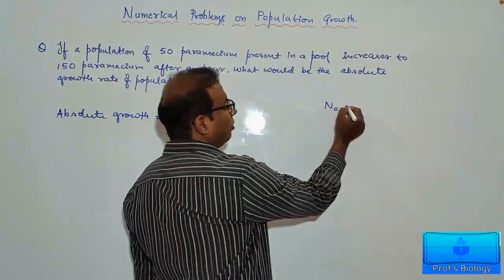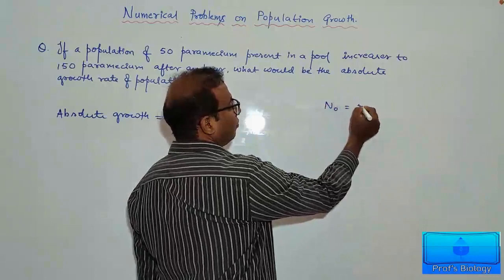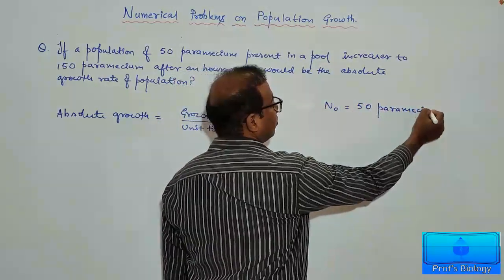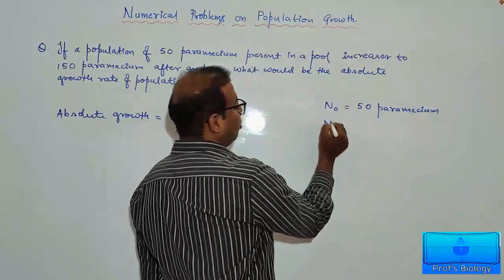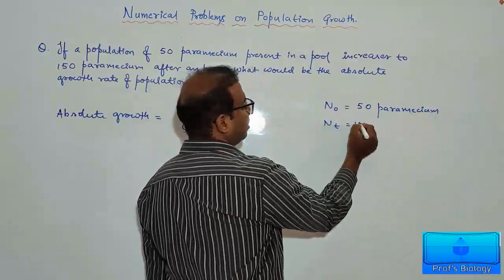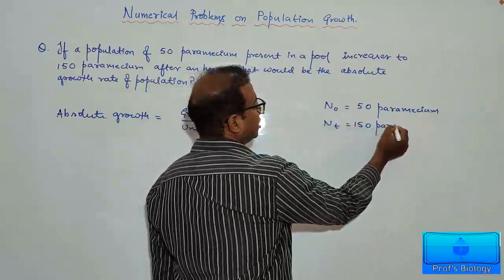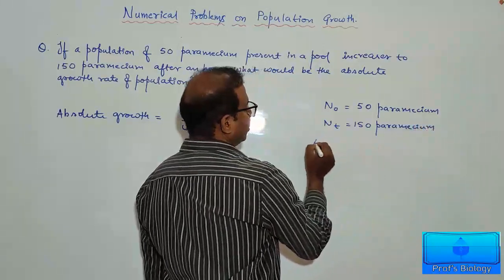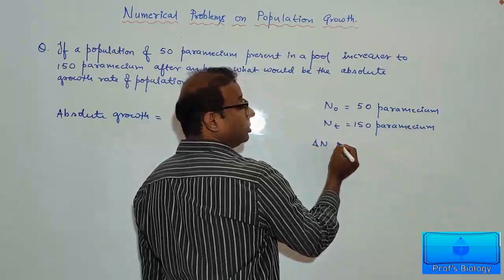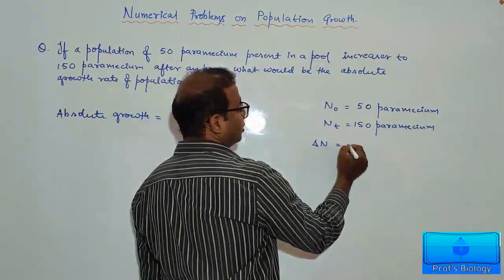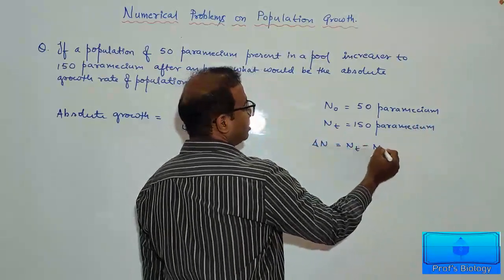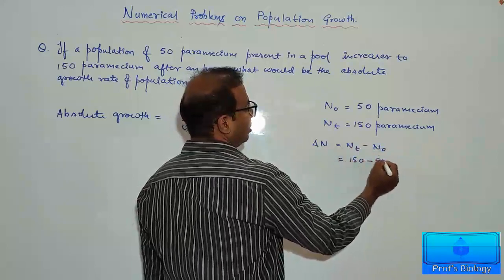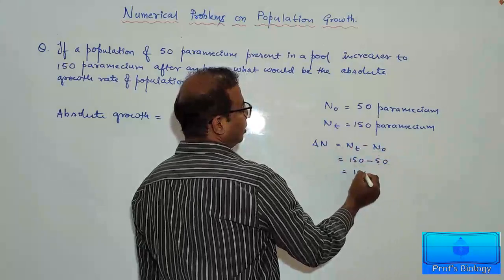We know initial population N0 is 50 parameciums. Final population NT is 150 parameciums. So delta N or change or growth in population is NT minus N0, which is 150 minus 50.